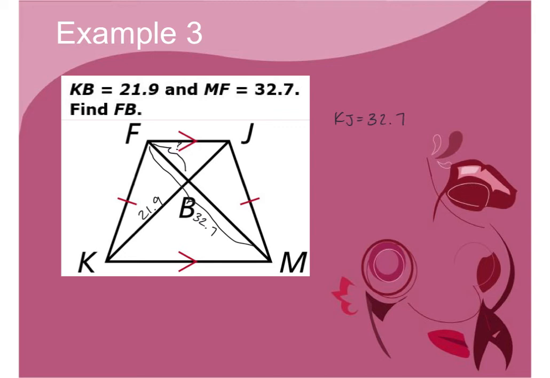Now if KB equals 21.9, what is JB? It's not 1/2 of that. Good. It's going to be 32.7 minus 21.9.